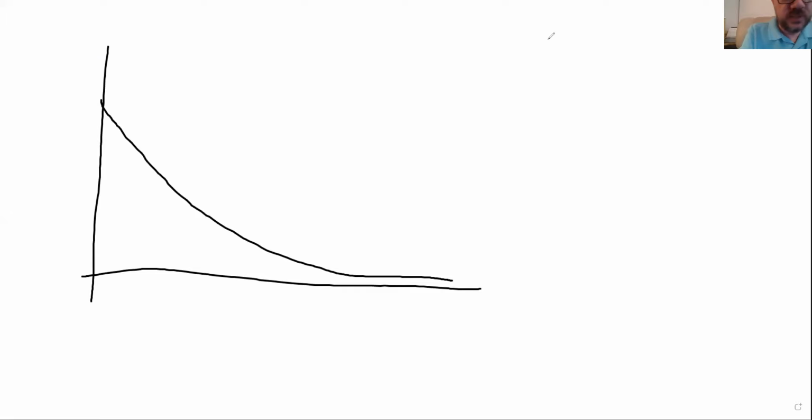So this is still Juan's hard drive, so this is still y equals 1/4 e to the minus 1/4 x. And our question was, given that it has lasted at least 5 years, what's the probability that it will last at least 8 years?